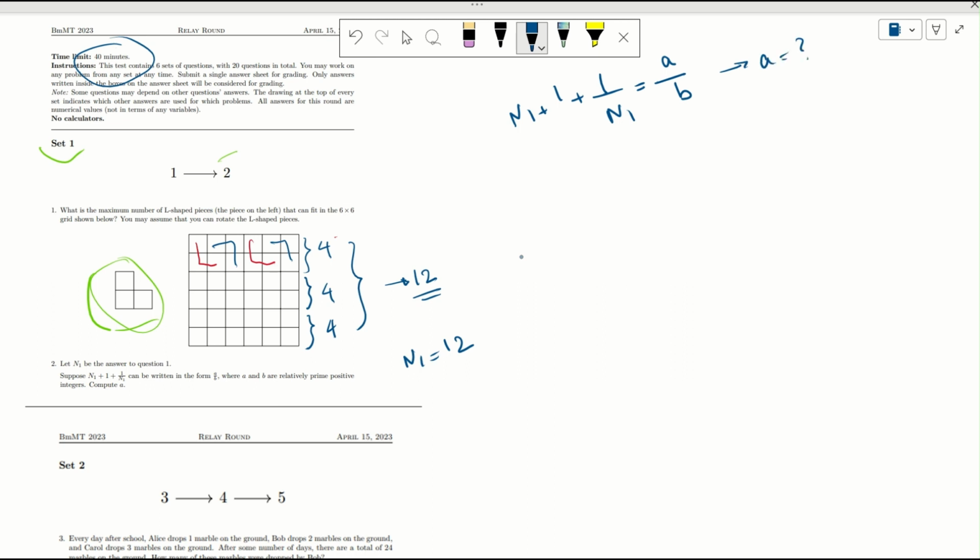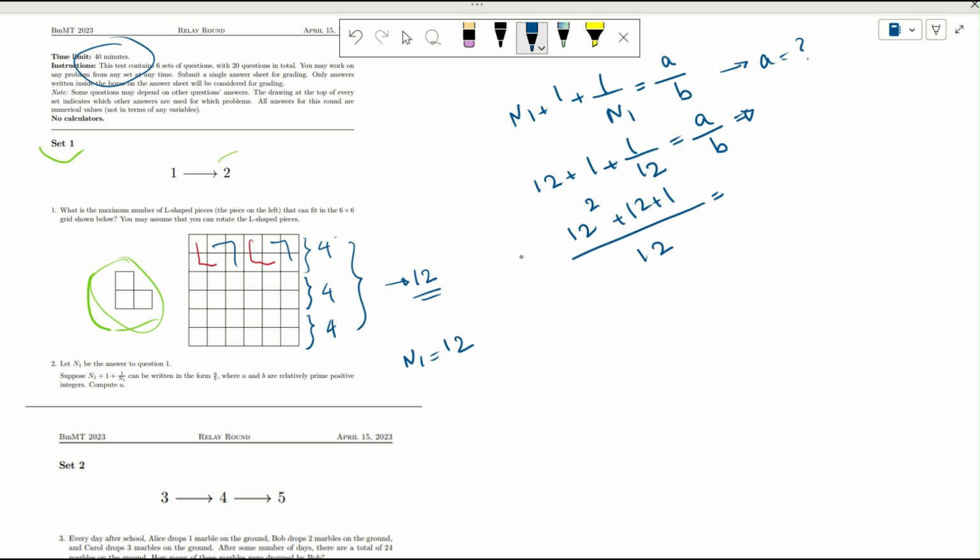Since we have 12, we can do something really quick. We can say that 12 plus 1 over 12 is given as A over B. Doing some simplification, we have 12 squared plus 1 over 12.